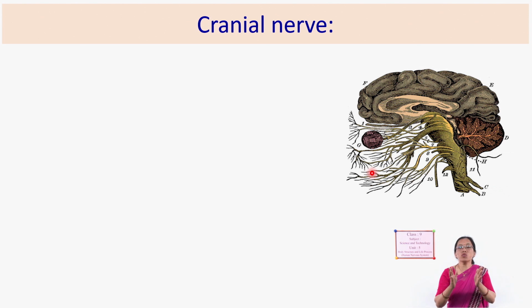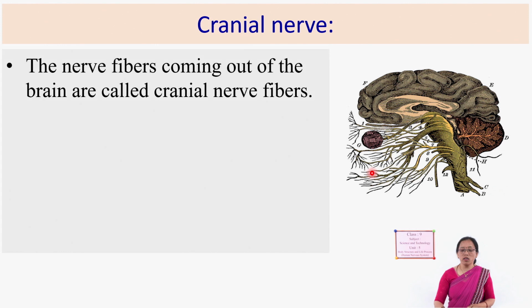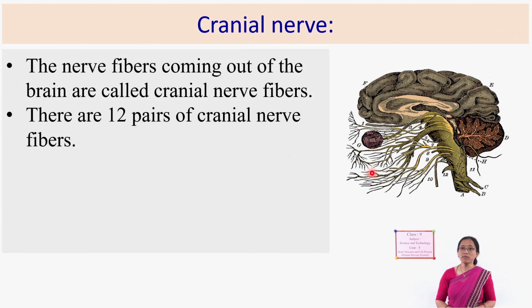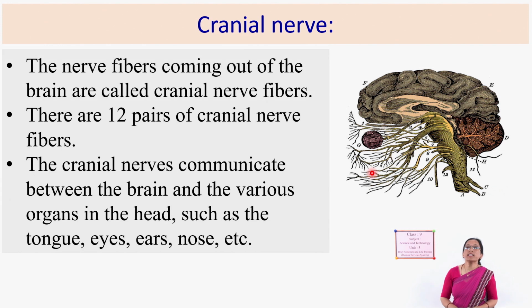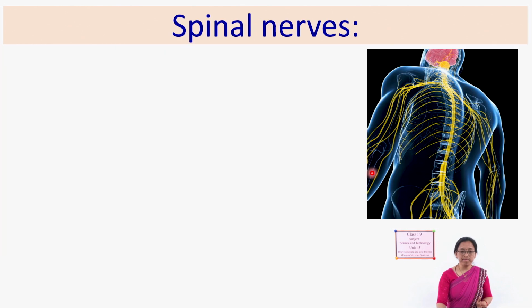Those are called cranial nerves. There are 12 pairs of cranial nerves, and these communicate between the sense organs present in our head region, eye, nose, tongue, ear, skin also, and other different parts of the body.